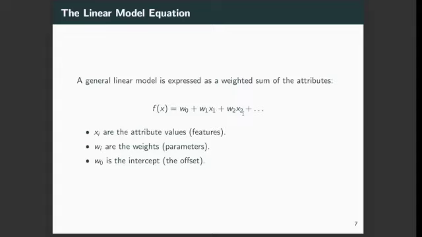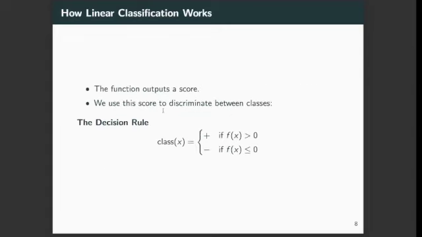Let's say the account balance is 38,000, so we just put 38,000 here. Based on the values of w0, w1 and w2, we can actually compute what the function of x would be. So this is how the linear classification works.